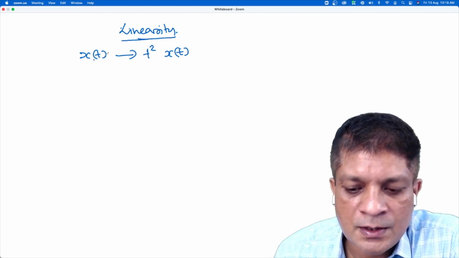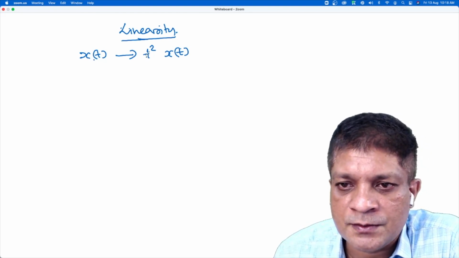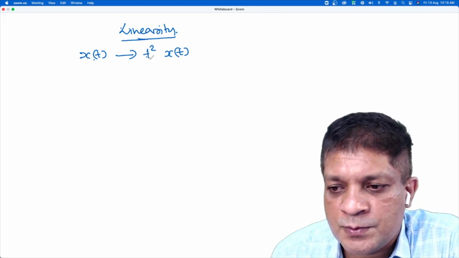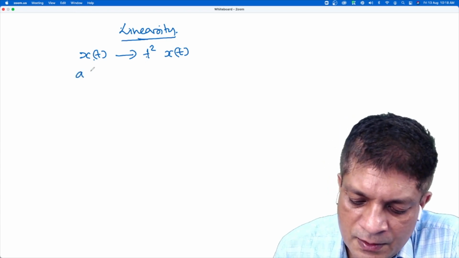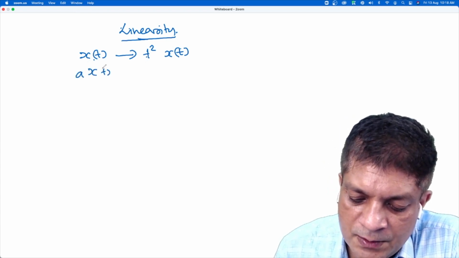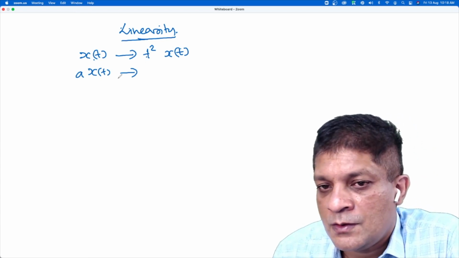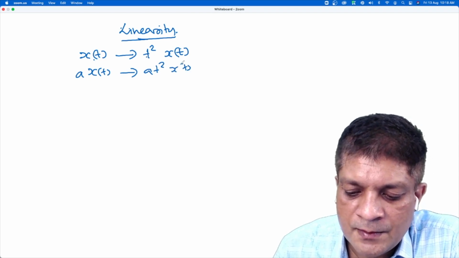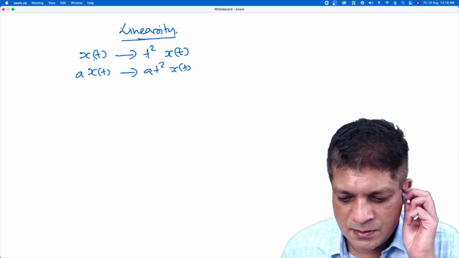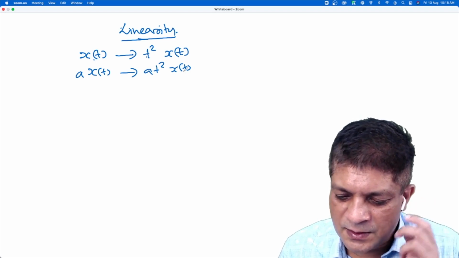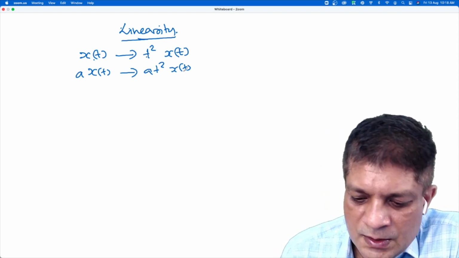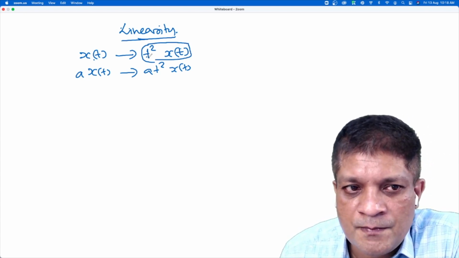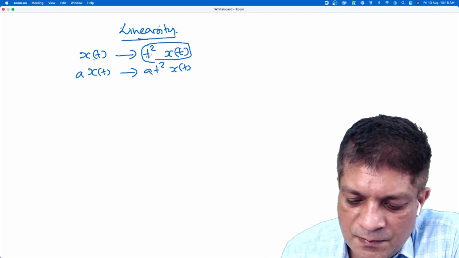Whatever input you give, it is multiplied by t squared. The input signal multiplied by t squared is the output signal. Now, if you give a scaled version of the input, what will be the output? It is t squared times a·x(t), which is a scaled version of the output. So it is a homogeneous system.